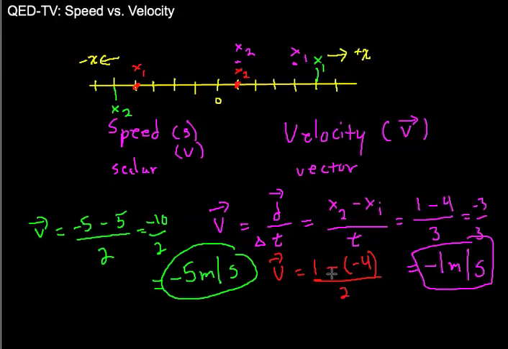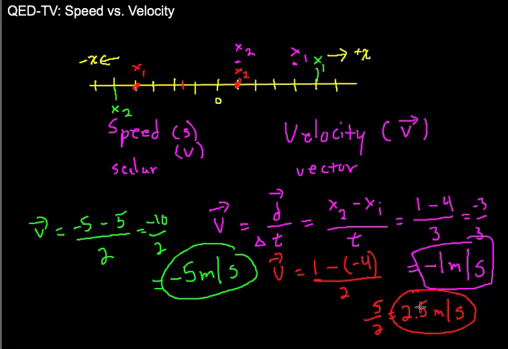So 1 minus a minus 4 would be 1 plus 4. That would be 5 over 2, which would be plus 2.5 meters per second, which means after every second, we went 2.5 meters to the right. So we started here at position 1, and after 1 second, we'd be about right here. And then after another second, we would be at position 2.